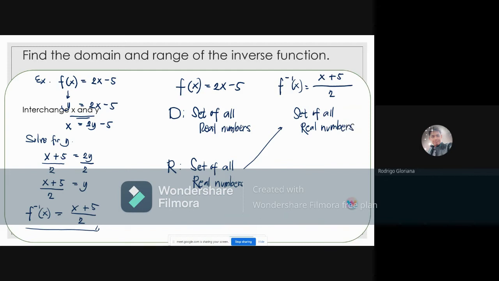On the other hand, the domain will become the range of the inverse function, that is also the set of all real numbers.